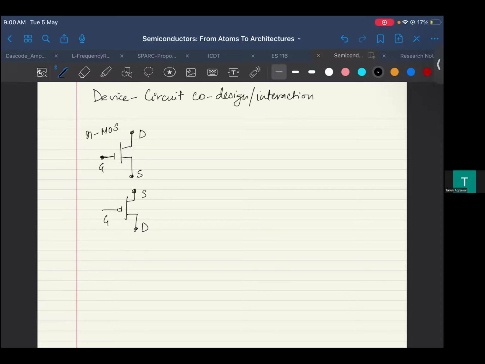When we apply a positive gate voltage, there's a current flowing from drain to source as a response. Similarly, if we apply a negative control voltage here, there's a current flowing from source to drain. That is effectively the idea of PMOS and NMOS, right?